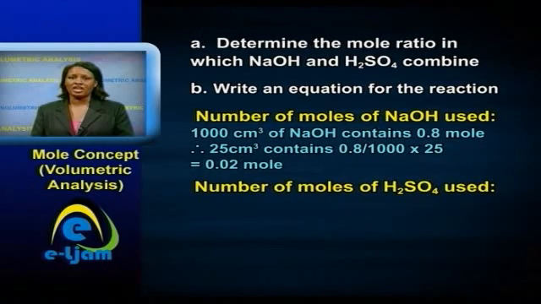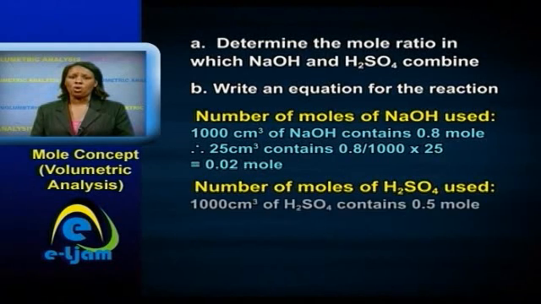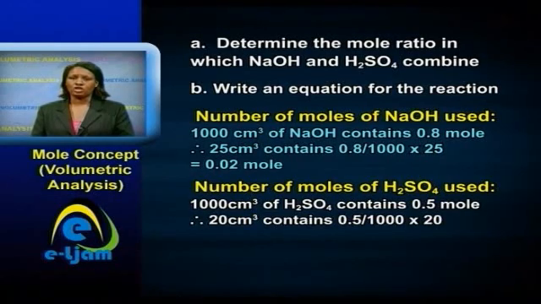Number of moles of H2SO4 used: 1000 cm³ of H2SO4 solution contains 0.5 moles. Therefore, 20 cm³ contains 0.5 divided by 1000 times 20, which is equal to 0.01 moles.